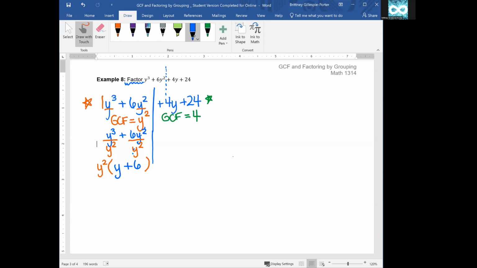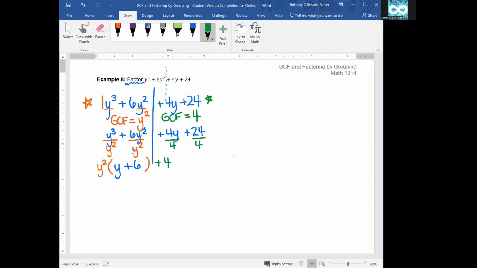Now that I've found my GCF, I'm going to divide each of my original terms by that 4, the GCF. And since I'm dividing by 4, 4 comes out, and it's a positive 4.